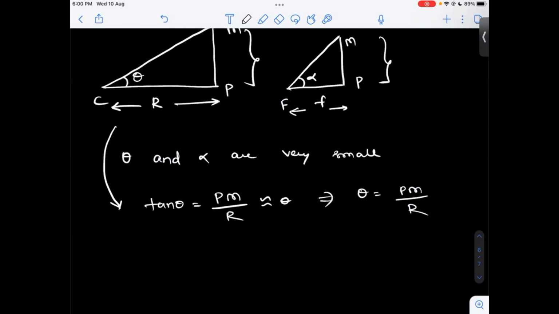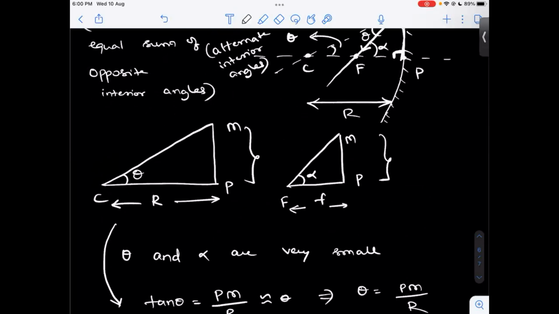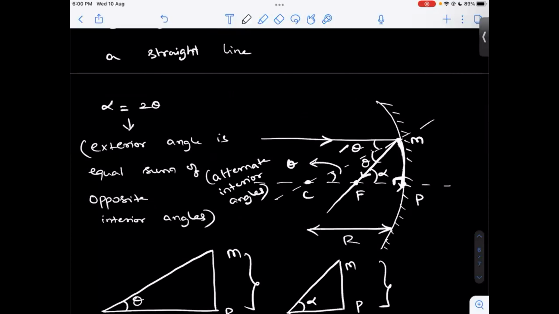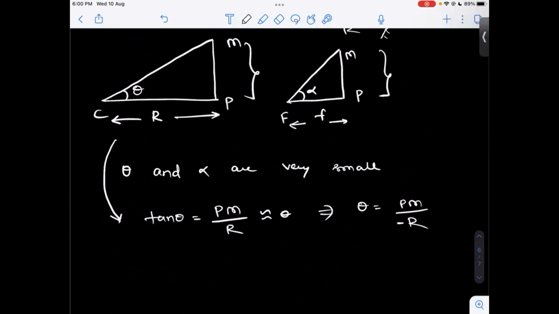Whenever you are doing any derivation, you need to apply sign convention. Here, R is on the left of P. By the basic sign convention, any distance on the right hand side is positive and anything on the left hand side is negative. So R is negative, and theta is equal to PM divided by R.